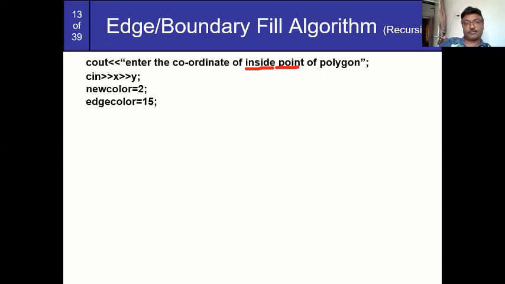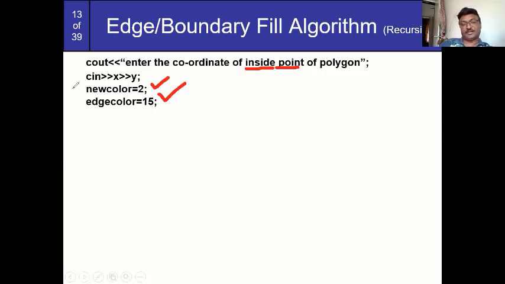Now, here new color and edge color you have to pass, because when you draw the polygon, you need to know which new color you are going to fill it with and which one is your edge color. So both values you have to assign in variables: int new color is equal to 2, edge color is 15. Both are integer data types.